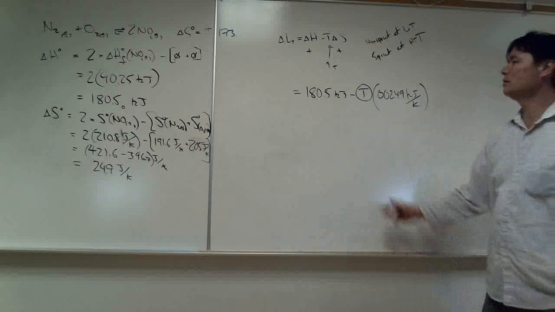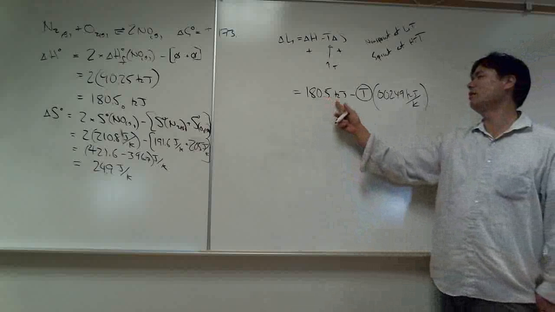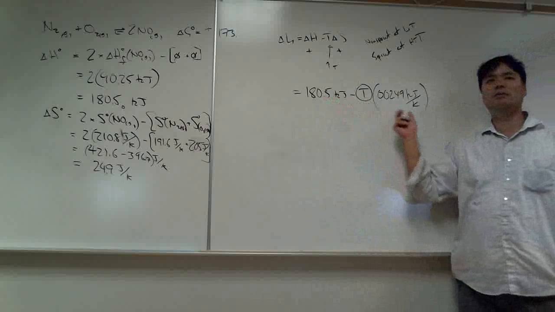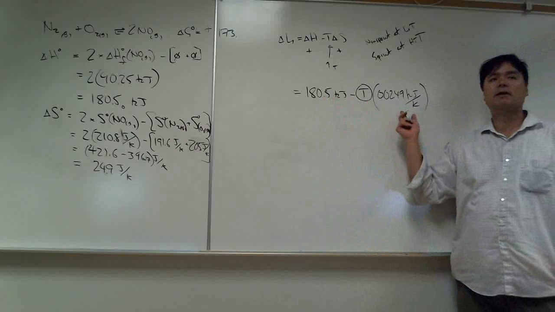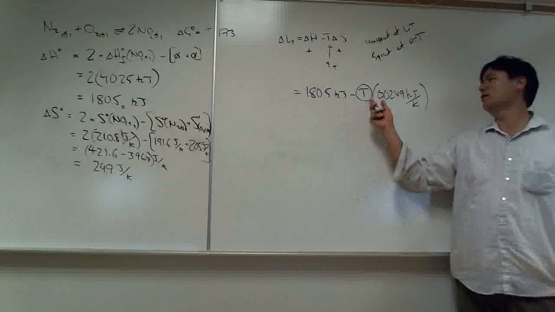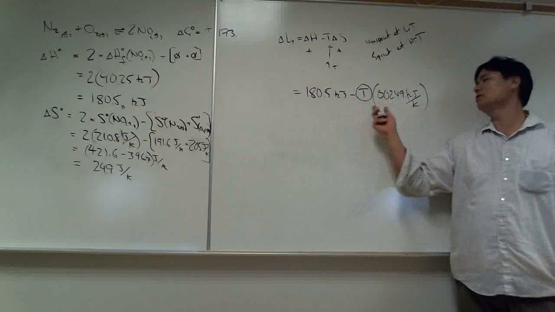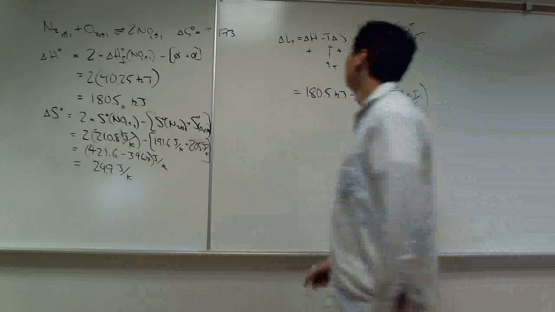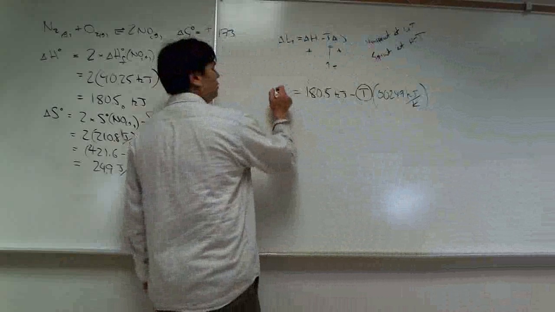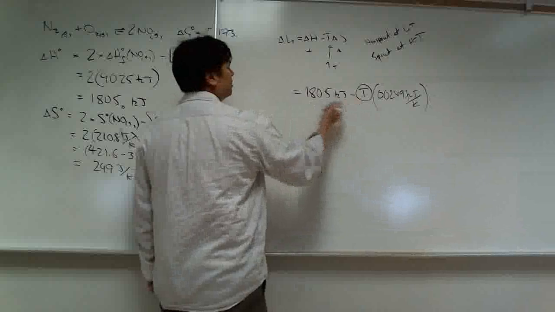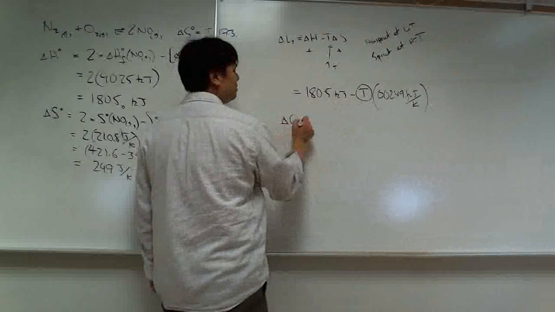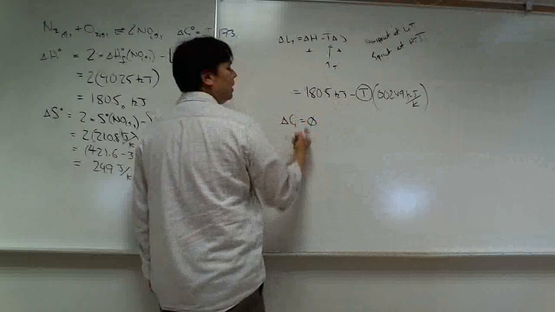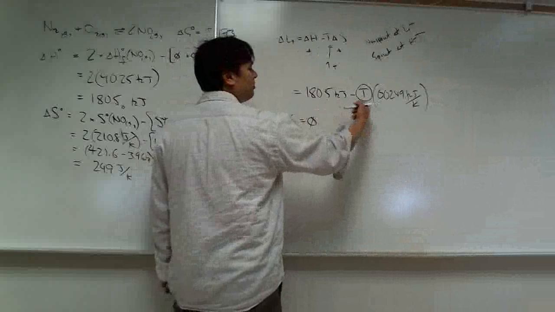In order to cancel out the positive 180.5, I need a negative 180.5. In other words, I have to figure out at what temperature this term turns into 180.5. There are different things I could do. I could just set delta G equal to 0, because I want the positive term to be canceled out by the negative term.